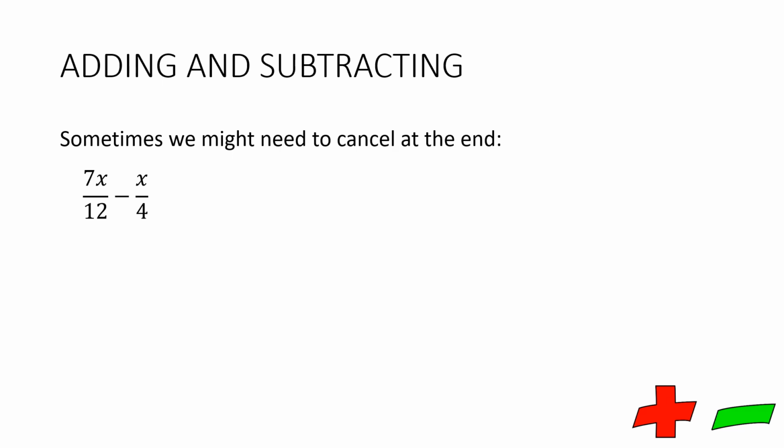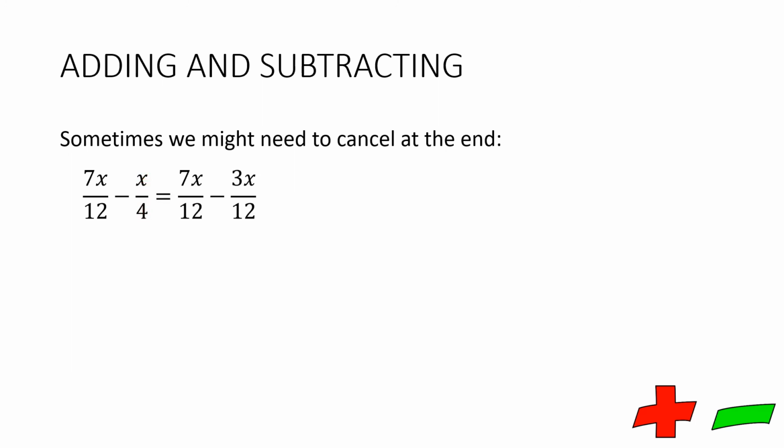Now with adding and subtracting, sometimes we might need to cancel at the end. That's okay. Here's an example, 7x on 12, take x on 4. What are we going to do? We don't want to multiply these two together. We'd get 48. It'd be hard to cancel. Let's just change this one into twelfths. Times top and bottom by 3.